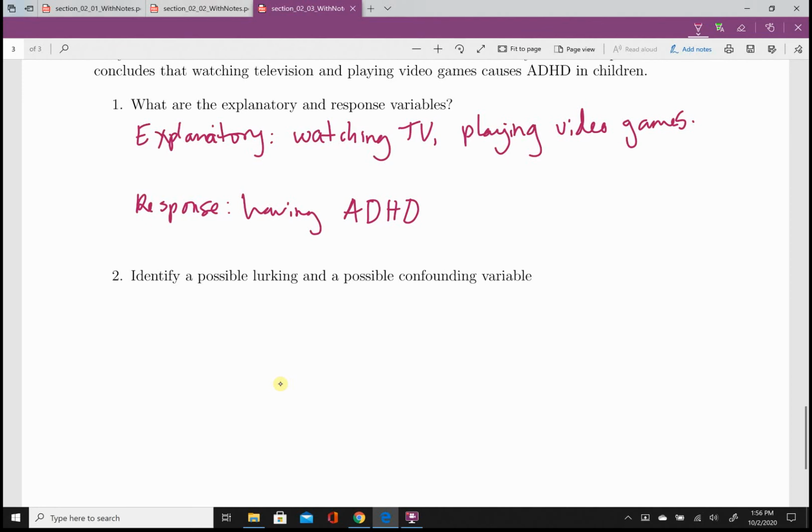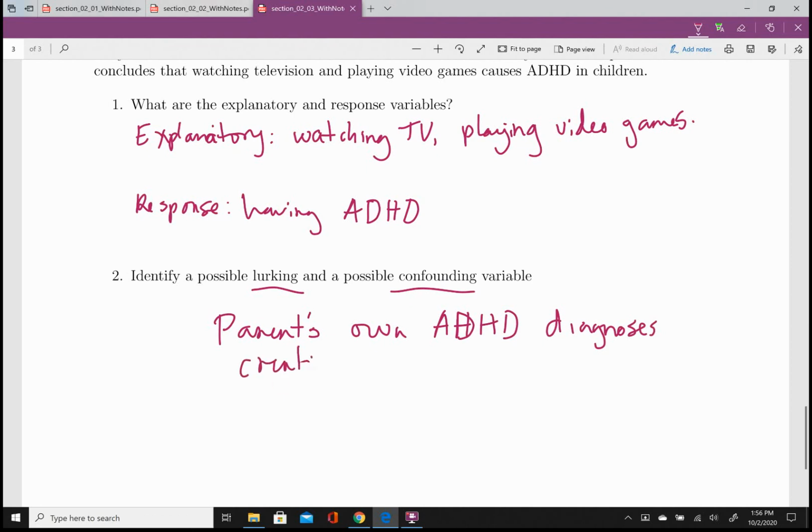So a lurking or confounding variable could be the parents' own ADHD diagnoses, creating genetic predisposition.